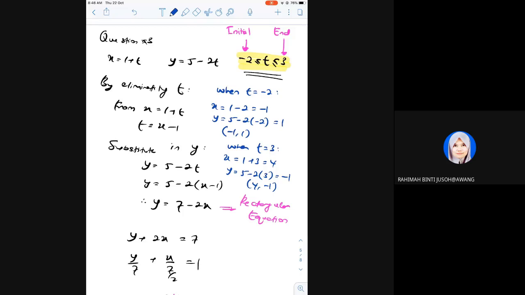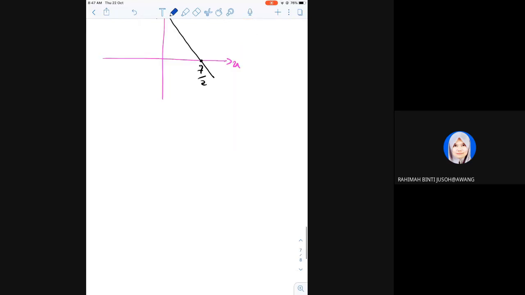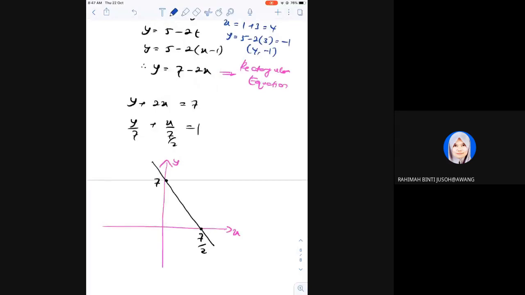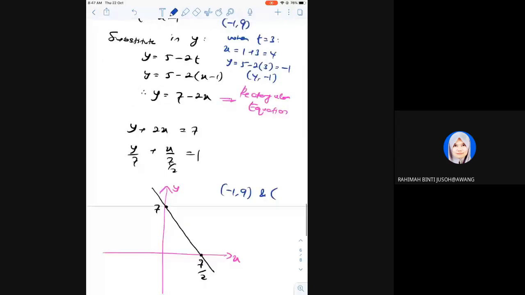So plus 4 should be 9. I made a mistake in the calculation here. So we have -1, 9, right? And then 3, -1, 4, -1. Okay, that's correct. Alright. So now the first coordinate we have -1, 9, and the other one we have 4, -1.